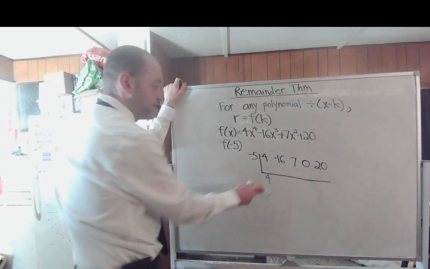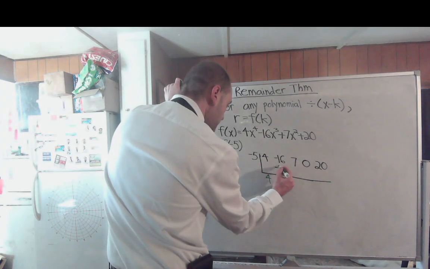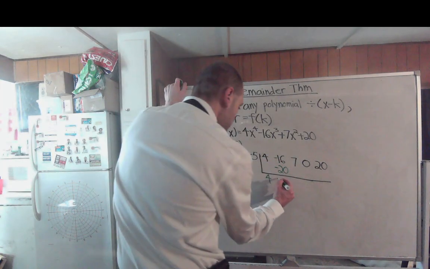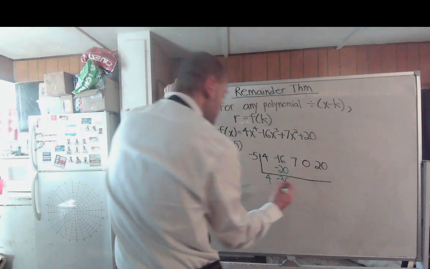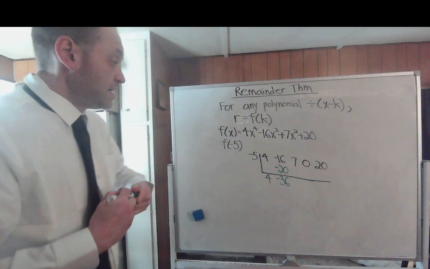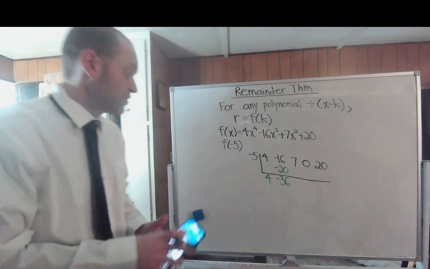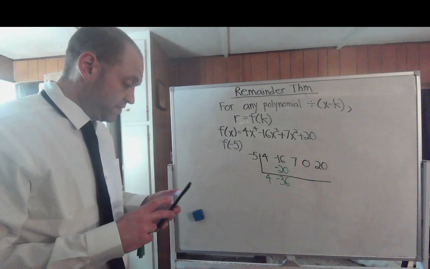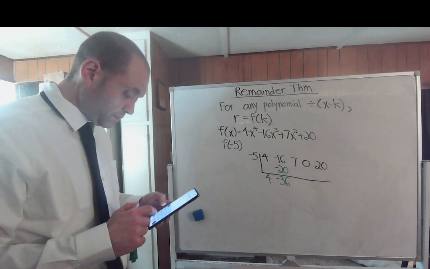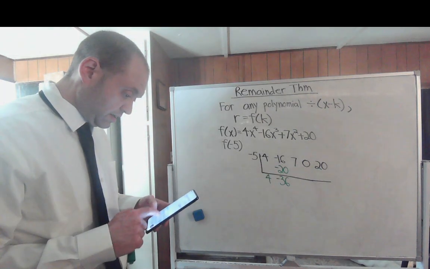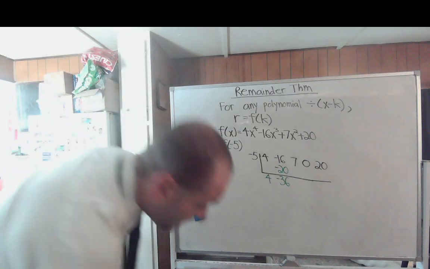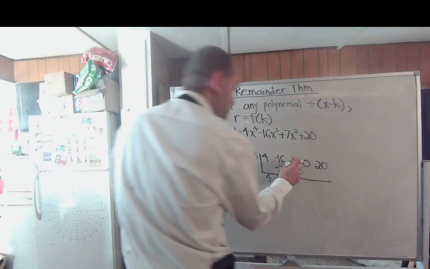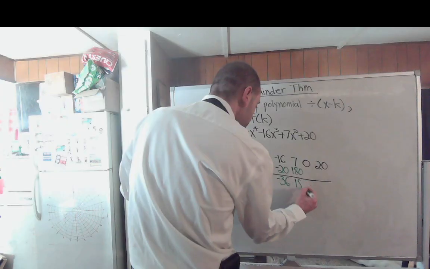So let's go ahead now, bring down that 4 from above. Negative 5 times 4 is negative 20. So negative 16 minus 20 is going to end up being negative 36. Now we've got to take negative 36 times negative 5. That would give you positive 180. 7 plus 180 is 187.